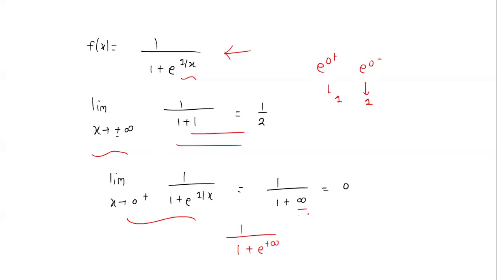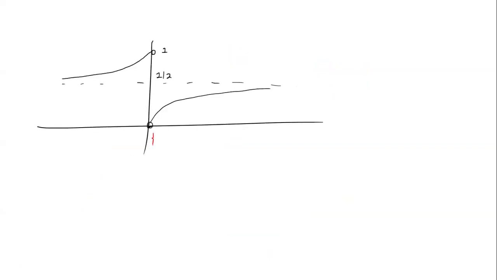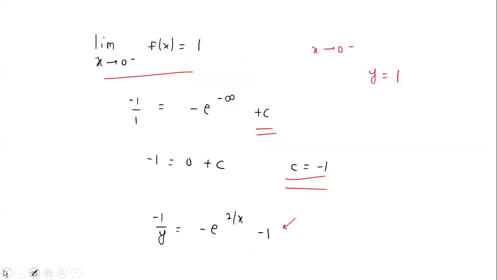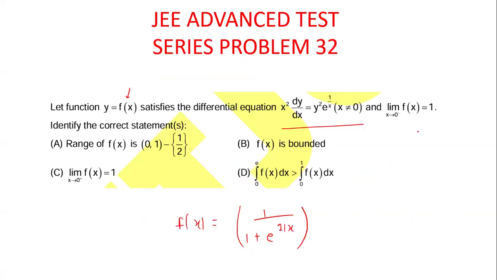So you will get this as infinity, and 1 divided by infinity you will get as 0. So the limit x tending to 0 plus for our function is 0. The limit x tending to plus infinity and minus infinity is equal to half. So this is 1, this is half, and this is 0. So this we get as 0, the plus minus infinity value is half, and initially in the problem it is given that for x tending to 0 minus this function value is 1.